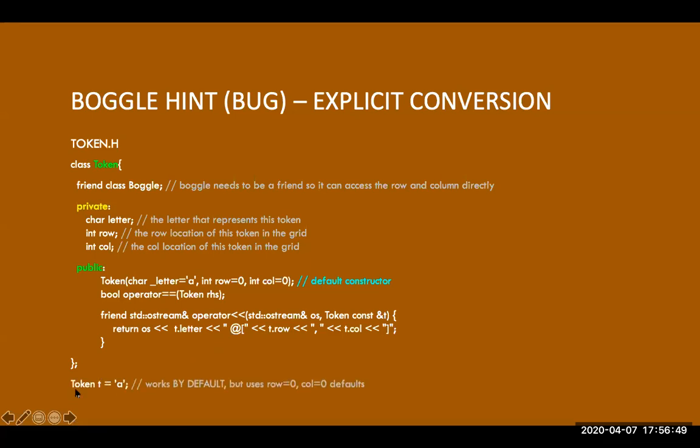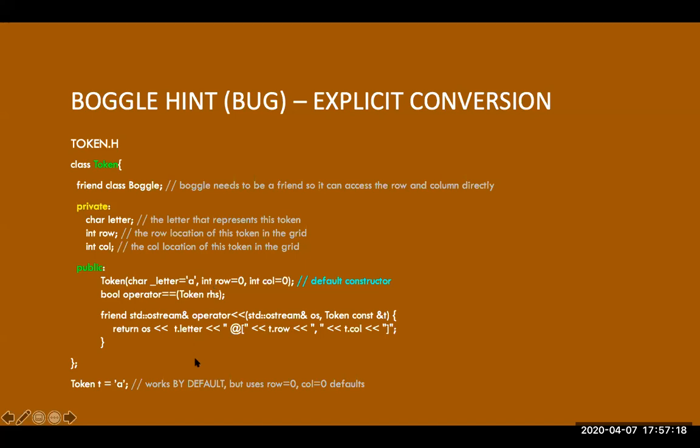So if I did something like this, Token t = 'A', 'A' is clearly not a token, right? So assigning 'A' to a t wouldn't generally make sense, but it turns out that with these default row and column settings, we can actually expect C++ to create a token instance out of a character automatically through automatic conversion. So it'll basically use the main constructor to do that.